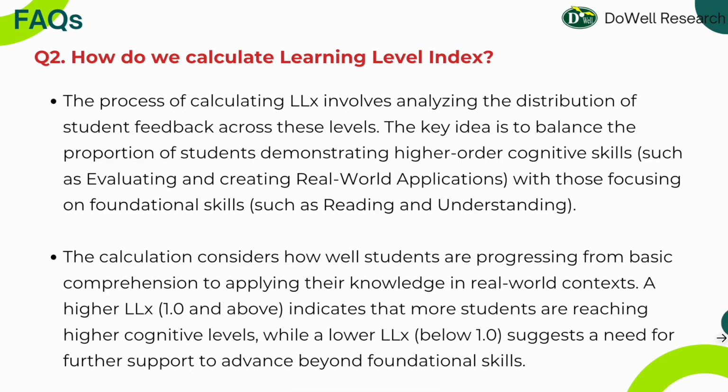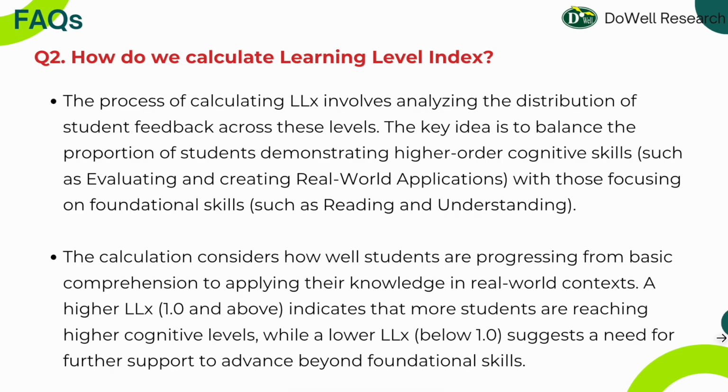We take the proportion of students demonstrating higher order cognitive skills such as evaluating and creating with the students having very foundational skills, that is reading and understanding. So the analyzing unit is the classroom. In a classroom you can see different levels of students' cognitive skills.